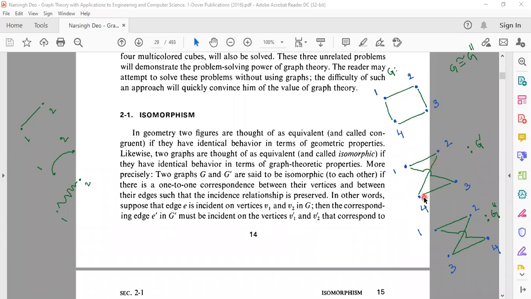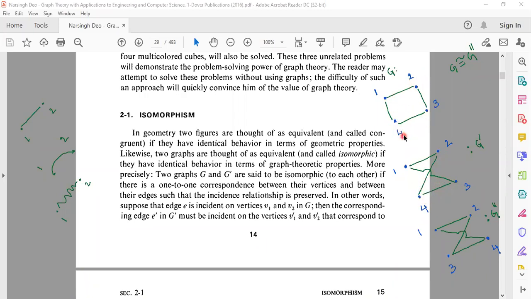Now, if I consider the same thing, if I unhook 3 and give it a three-dimensional rotation perpendicular to my observation, you are not going to get the same graph, isn't it? Because in G, 1 and 3 are connected, but here 1 and 3 are not connected. 2 and 4 are connected in G, but here 2 and 4 are not connected.